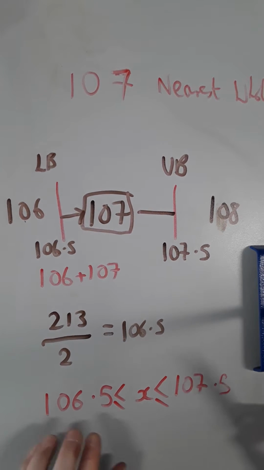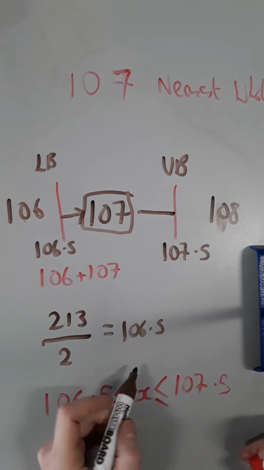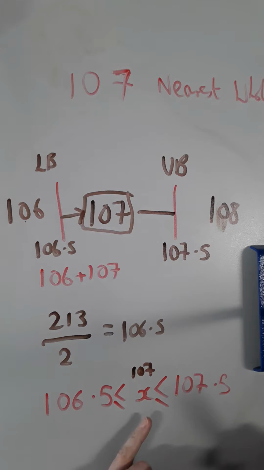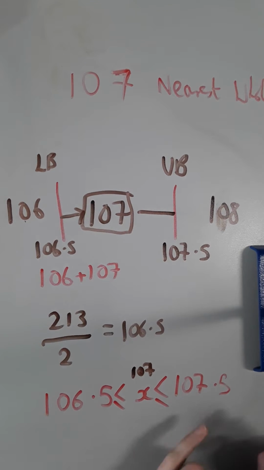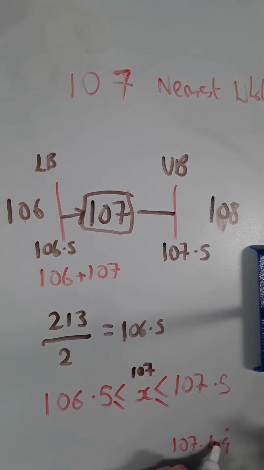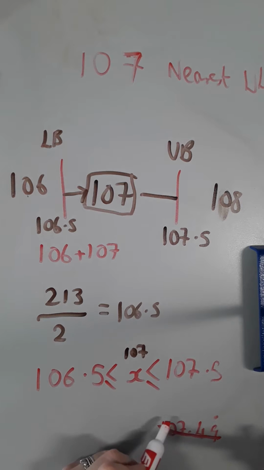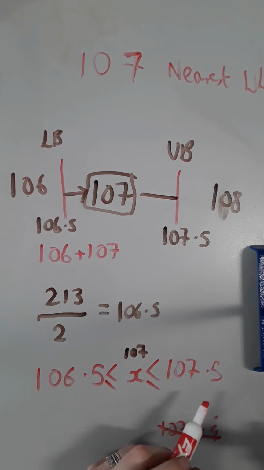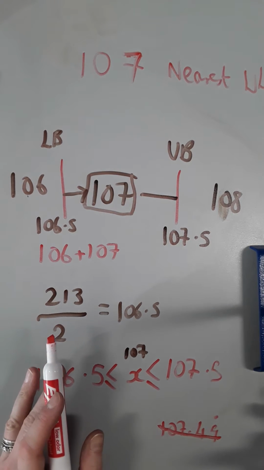So as a mathematician, I know that if I see 106.5, I can round it up to 107, or if I see 107.5, I can round down. Now usually when you see 0.5, you always round up, but with bounds, because we assume that 107.49 recurring is much easier to write as 107.5, we'll use that.